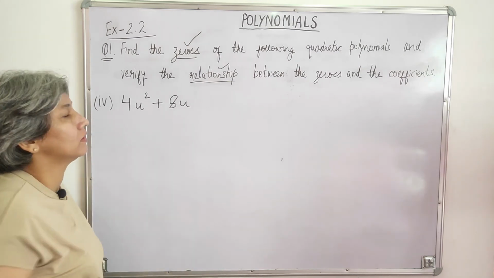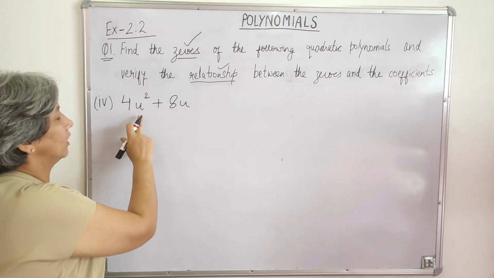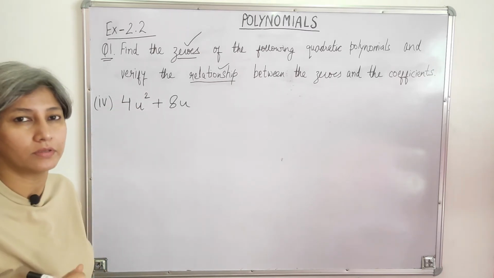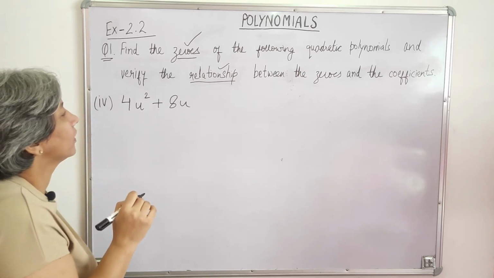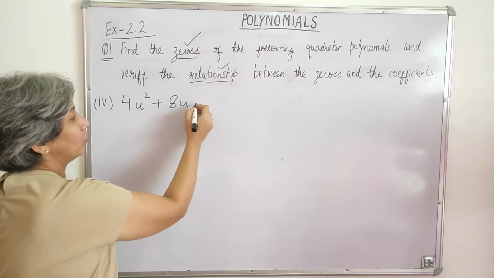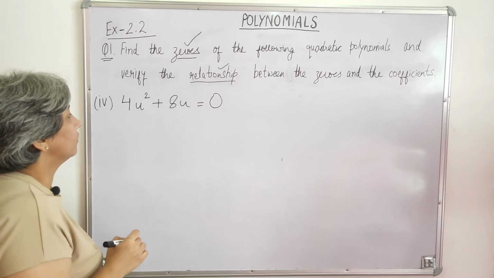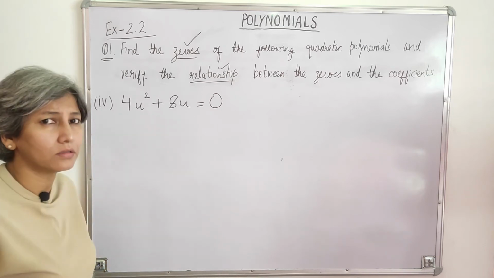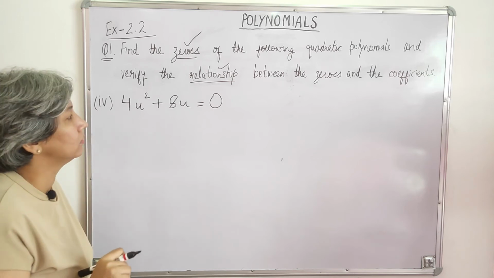Our fourth question, the fourth part of the first question I mean to say, is 4u square plus 8u, right? Just have a look at the polynomial given. It is not exactly in the standard format of ax square plus bx plus c, or is it?